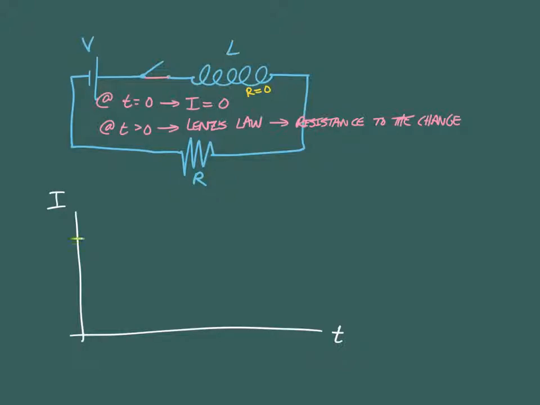So I know that eventually current is going to reach a maximum value. And that maximum value is going to be Ohm's law, V over R. Current will equal voltage over resistance, okay? You wouldn't even need to have your brain engaged fully to know that current's going to get to a maximum value, all right?